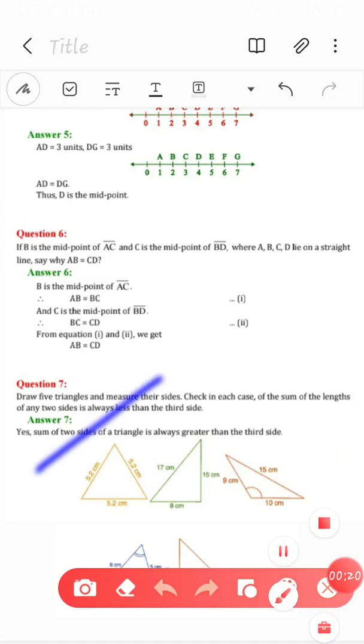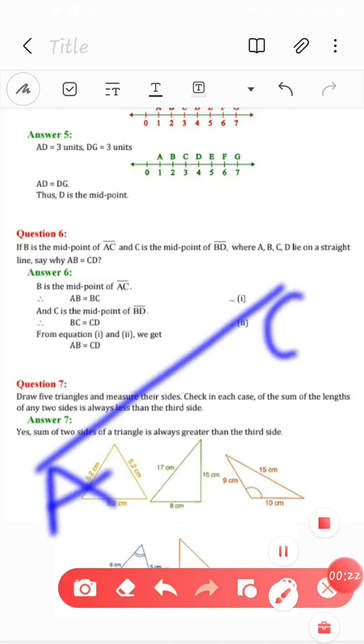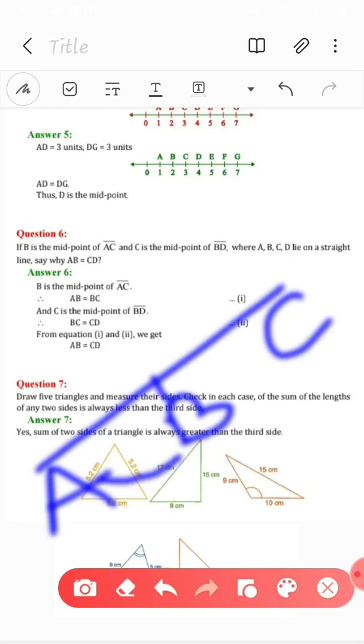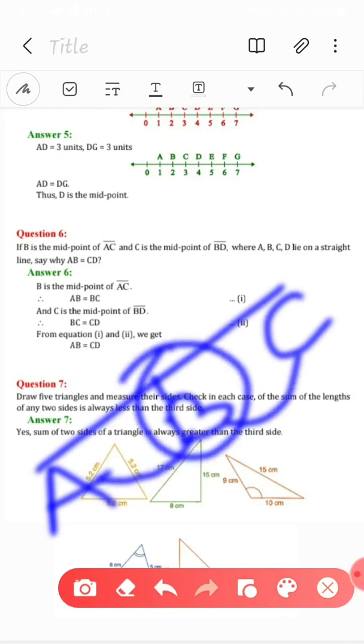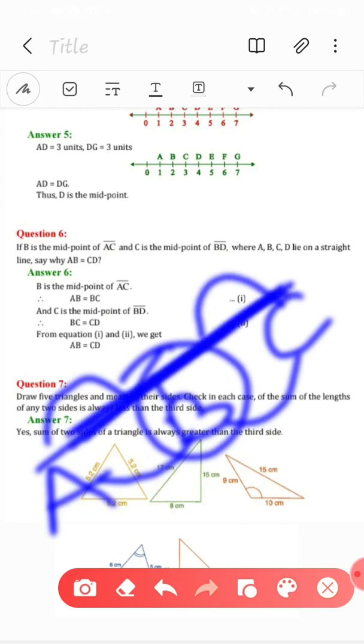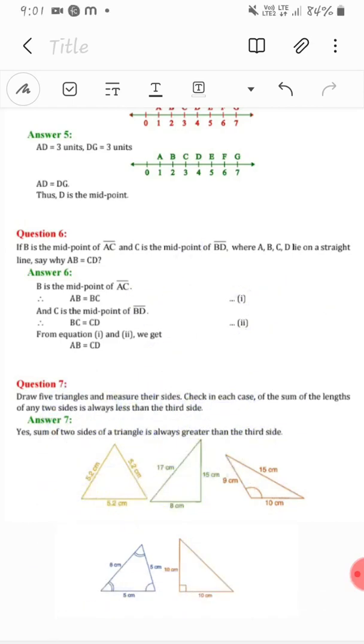Just see here, AC is a line and B is the midpoint, that means the middle point. So that means the measurement of AB is equal to BC. Yes, since it is a midpoint, it is at the exact place in between. Here 2 cm, suppose here also 2 cm. If it is 4 cm long, that means from A to B it is 2 cm and B to C is 2 cm. Therefore we can say AB is equal to BC.